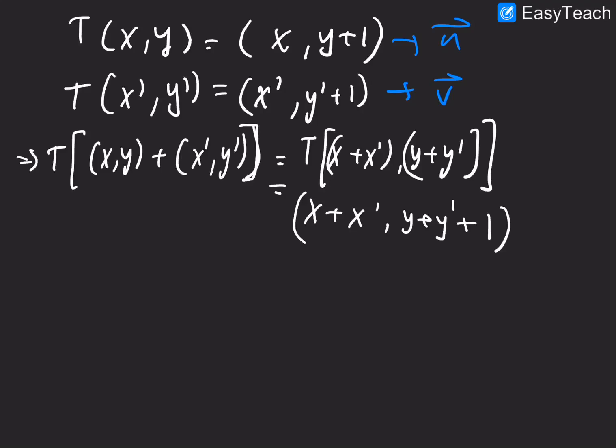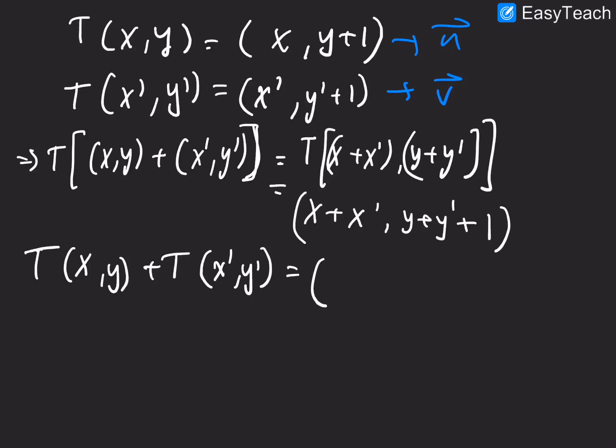But there's a problem, because t of xy plus t of x prime y prime, that's going to equal, let's see, x plus x prime, y plus y prime, plus 2.